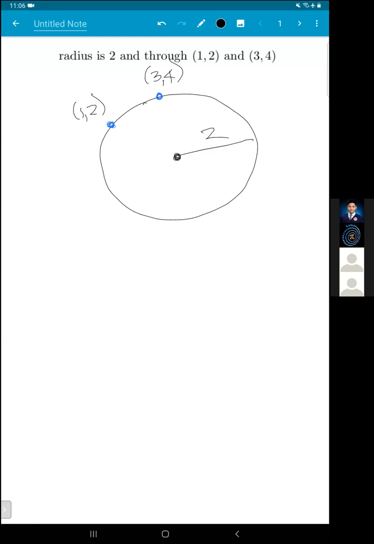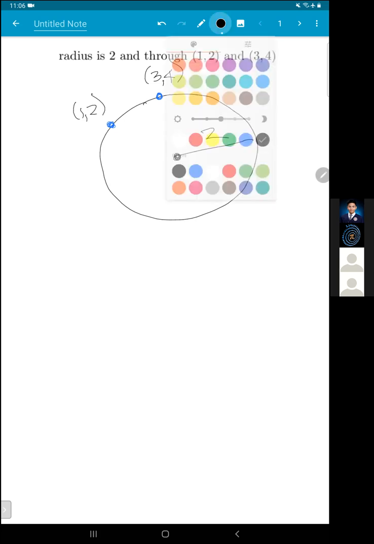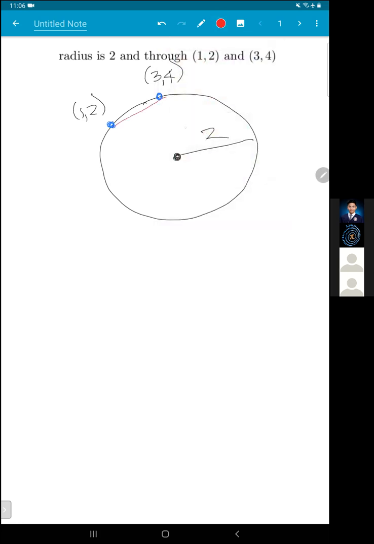Somebody suggested those 2 points make an isosceles triangle. Well, yes. Do we get the midpoint? Well, there's a way of solving this one by using the perpendicular bisector of this line segment, because the perpendicular bisector passes through the center of the circle.